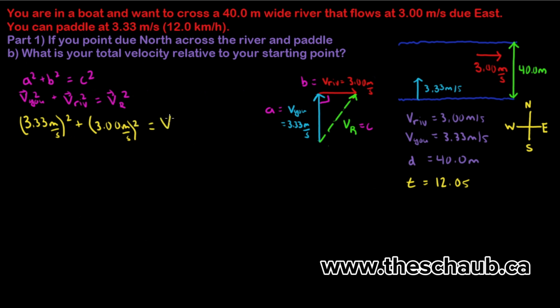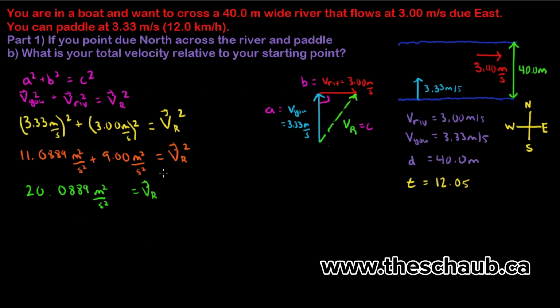And this equals the velocity resultant squared. 3.33 squared is equal to 11.0889 meters squared per second squared, plus 3 squared, which is 9.00 meters squared per second squared, and it's equal to our velocity resultant squared. 11.0889 plus 9 equals 20.0889 meters squared per second squared. It's equal to our velocity resultant squared.